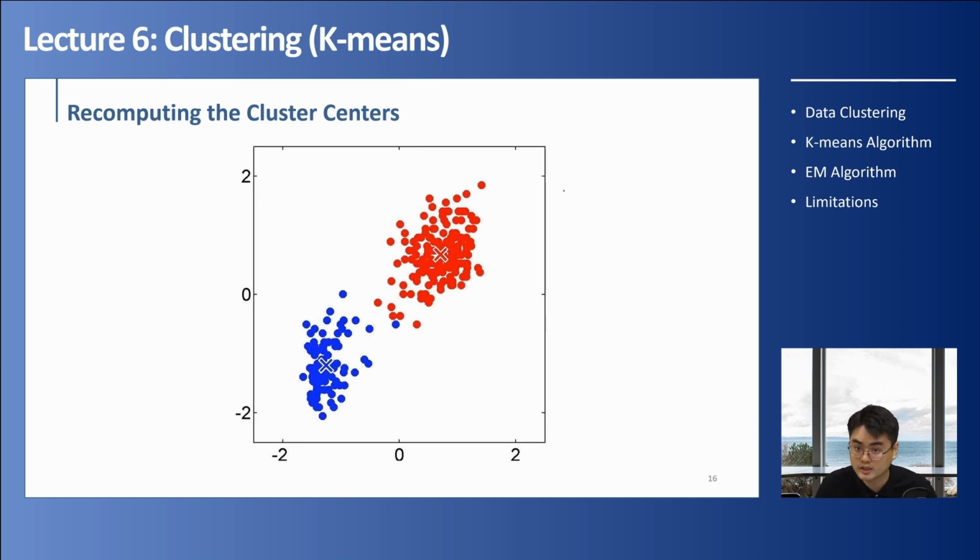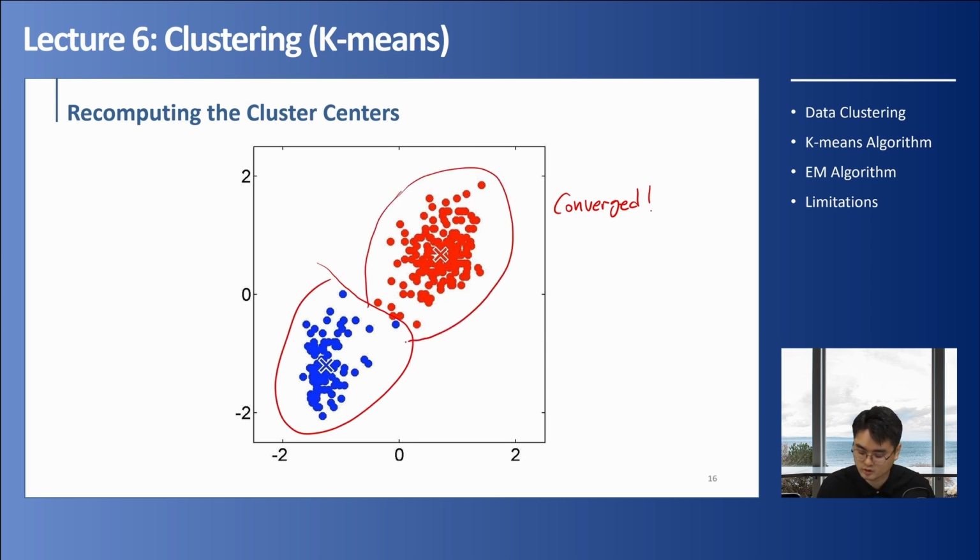Then we consider this as converged learning and we stop. So now we can see that our k-means clustering has grouped our data points into 2 clusters, which have low similarity between different clusters and high similarity within the cluster data points.